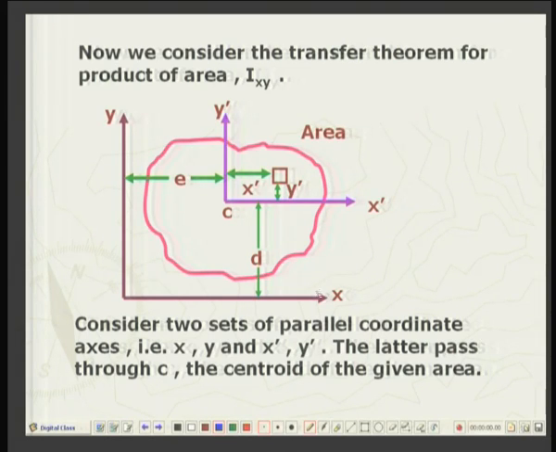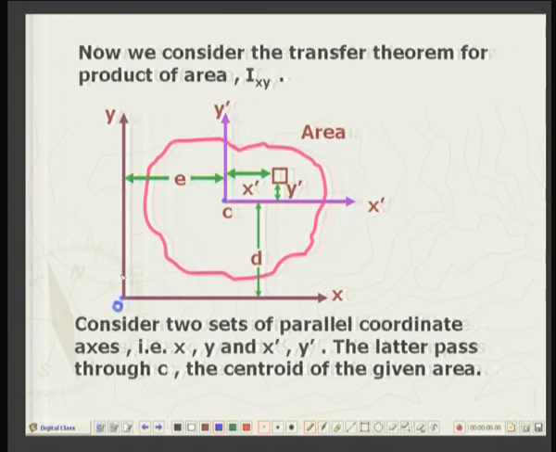So, that x is parallel to x dash, y is parallel to y dash, and this may be having any origin, let us say O. Okay. The origin of this is the centroid, but this can be an arbitrary origin.